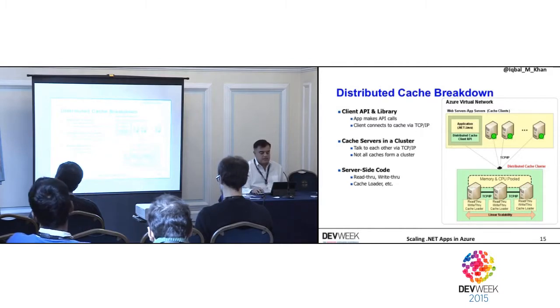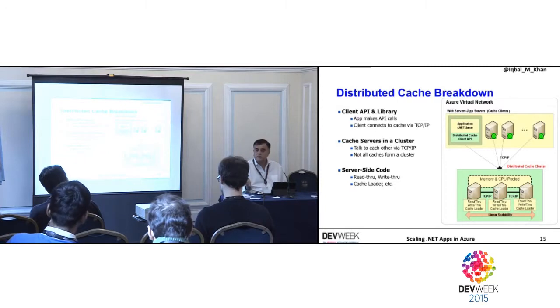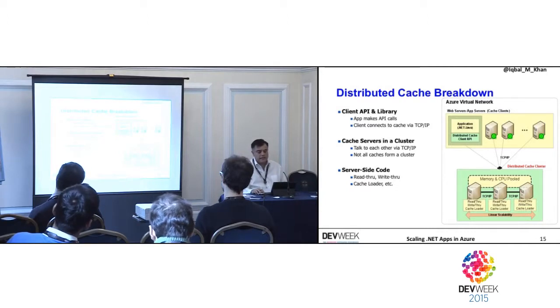And because there's an API, there's also a library, some .NET assemblies that get installed on your web or application server box. And then there's a cache server component that we talked about, and the cache servers talk to each other on a TCP protocol, and the cache client, which is your application, talks to the cache through that client library, also most likely using a TCP connection.